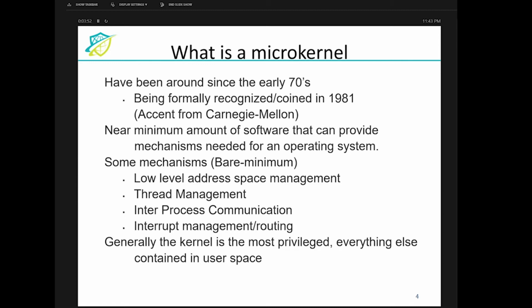And then you need to be able to handle IRQs. Another tenet of a microkernel is generally the kernel is the most privileged thing, which obviously is different in monolithic and hybrid kernels, but in microkernels, the kernel is the ultimate arbiter of what's happening.